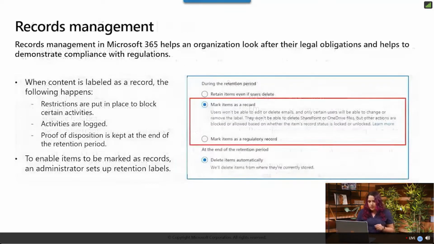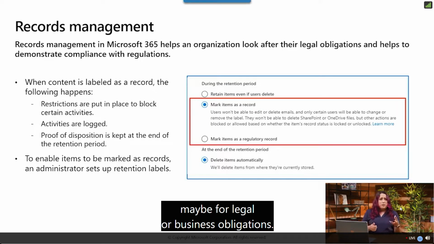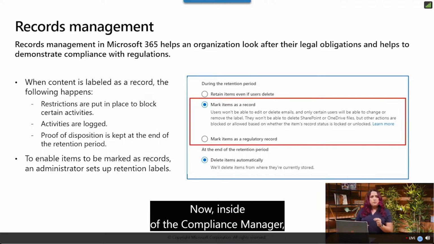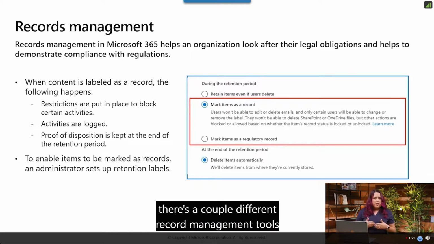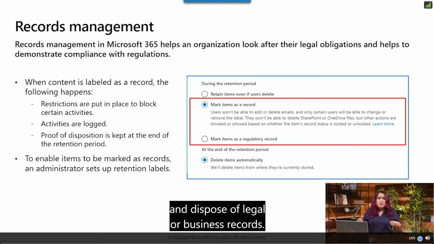Now, there are some documents that your organization has to keep, maybe for legal or business obligations. So sometimes you're going to need a record management tool. Inside of the Compliance Manager, there are a couple different record management tools to help your organization maintain and dispose of legal or business records.